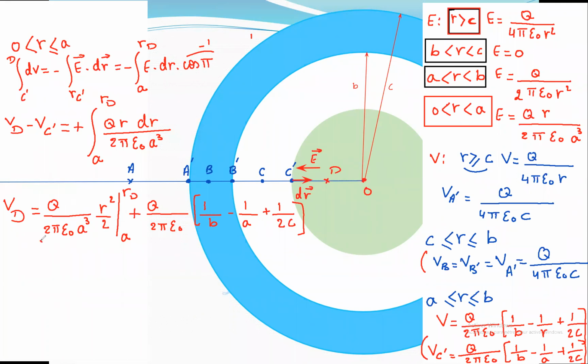Let's calculate this before. It's equal to Q divided by 2 pi epsilon 0 A cube. 2 times 2, we can put it here.